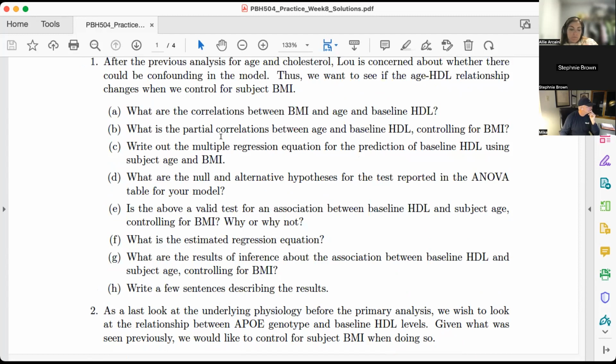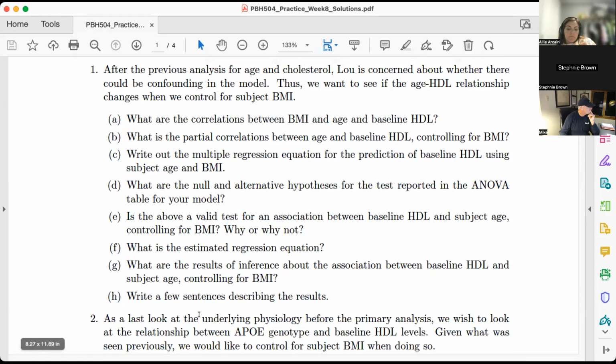I'm just going to skip through some of this. We're not going to do the ANOVA and all of that. We're just going to look at the correlations and partial correlation, and then jump to question 2. Let's take a look at our data set.